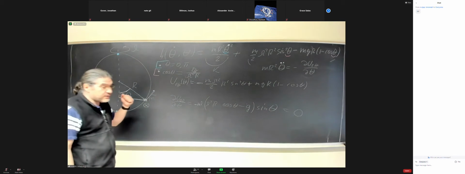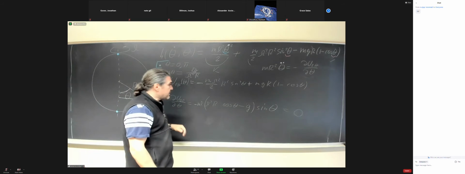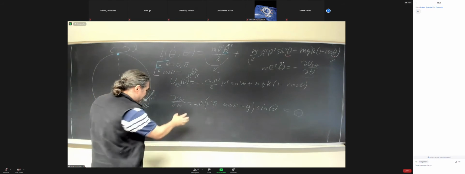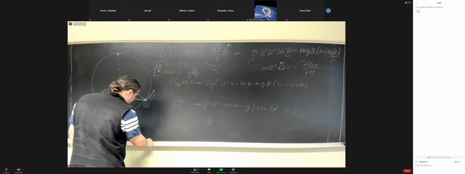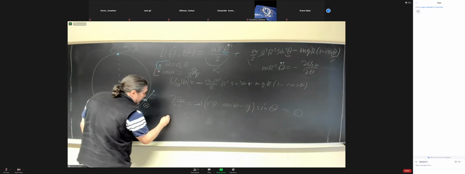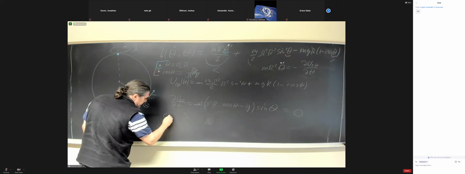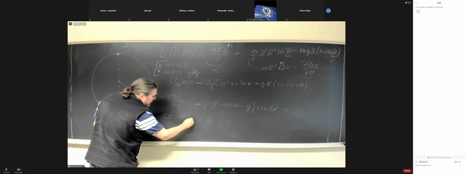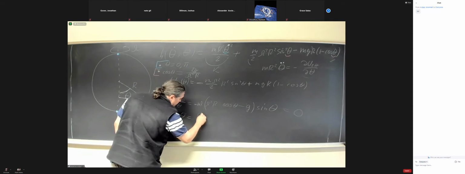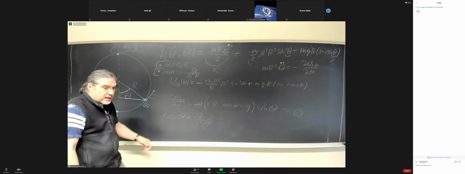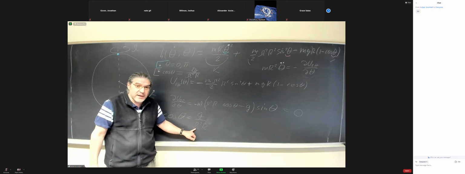Now, if you look at this equation, let me write it here and then I'll wipe it out: cosine theta equals G divided by omega squared R. But remember, omega is my parameter which I control.